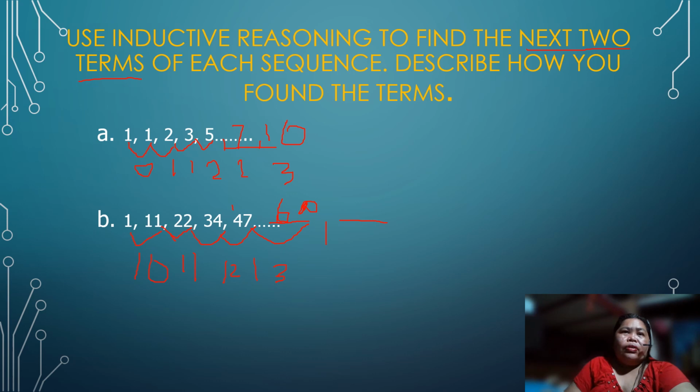So, okay, next, from 13 we need to add 14. So 60 plus 14 is 74. 74 is the next term. Okay, that's it. Next.